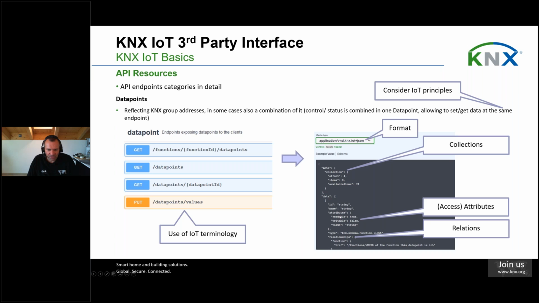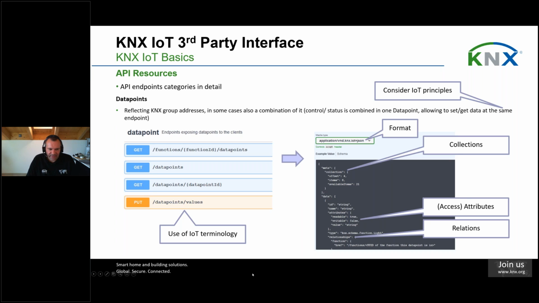We have access attributes defined, and we also have relations where such a data point, which in KNX Classic is a group address, is related to some functions. So is a group address somehow embedded in a function? Yes or no. And if this is the case, I have the possibility to navigate through the API by simply clicking or following the links, let me call it in such a way.